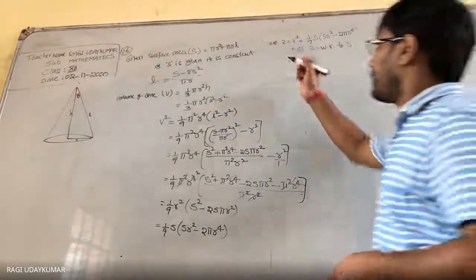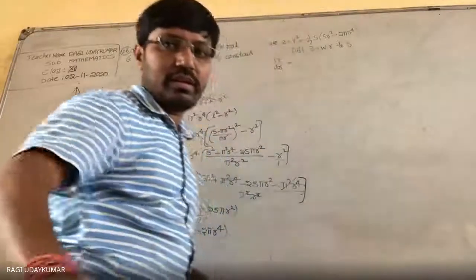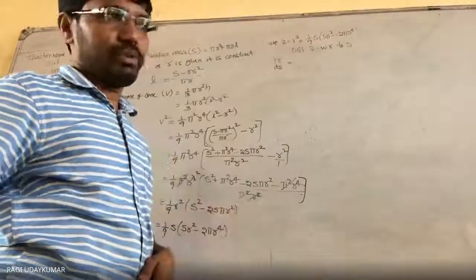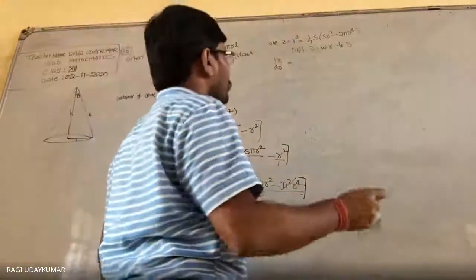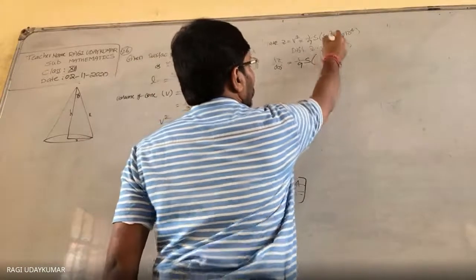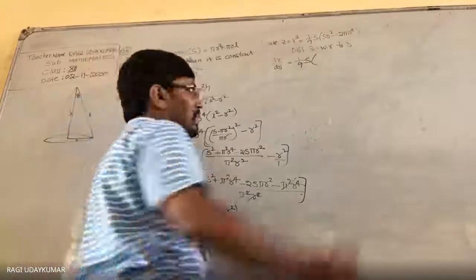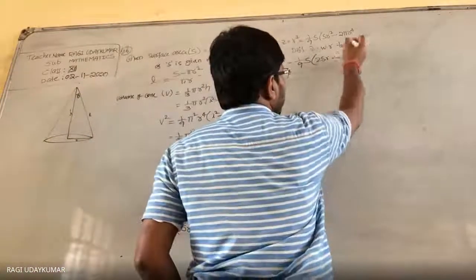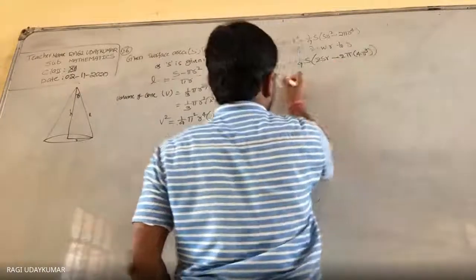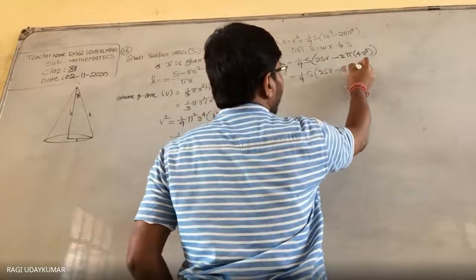So what do you get? dz by dr is equal to 1/9 times, इसको differentiate करना है, 2sr minus 2 pi times 4r cube, which is equal to 1/9 times 2sr minus 8 pi r cube.